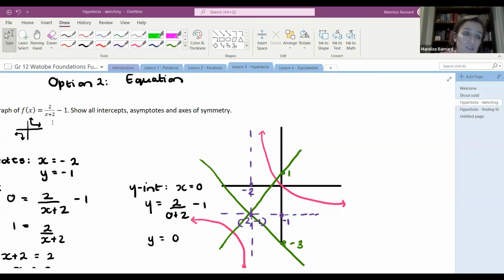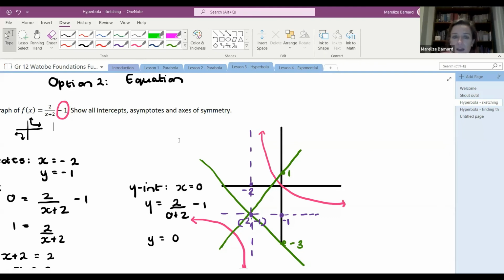So for this equation, we can see that minus 2 is going to make your denominator 0. So x equals minus 2 is your vertical asymptote. Your horizontal asymptote comes from here, and in this case is minus 1.